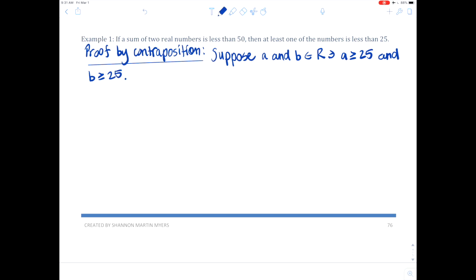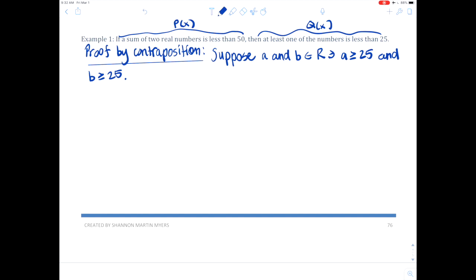So remember, with contraposition, our if statement, our P of X, if you will, is the premise. And then our conclusion is our Q of X, and we're negating Q of X. So the negation of at least one would be that both are greater than or equal to 25.